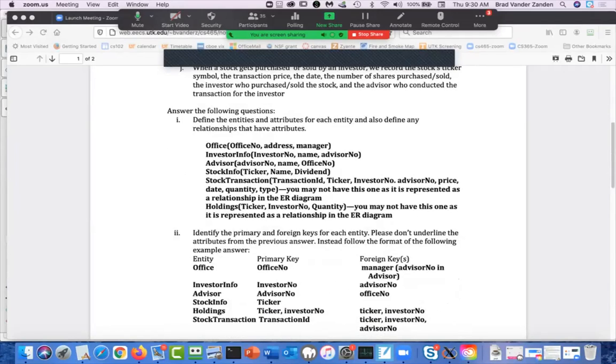But you might also say, okay, there's no real unique identifying information here, but there are two foreign keys. So it looks like this might be a relationship. It doesn't exist independently by itself. It exists because an investor actually purchases a stock.